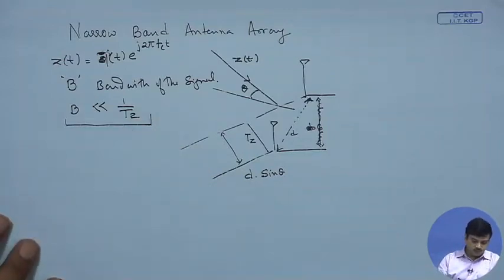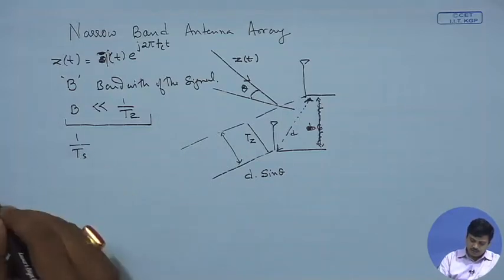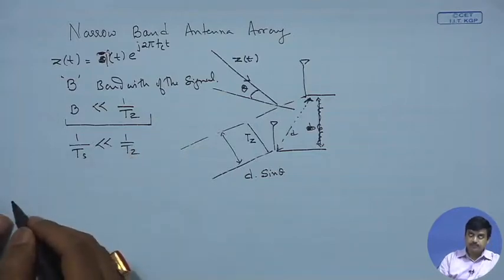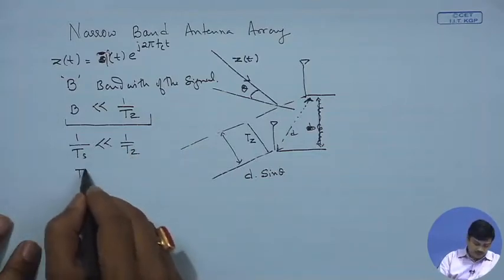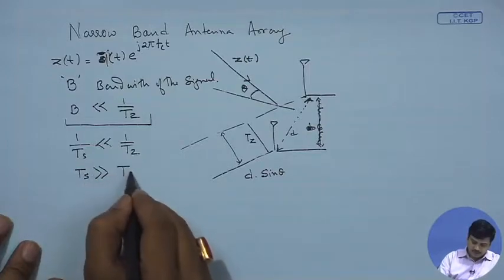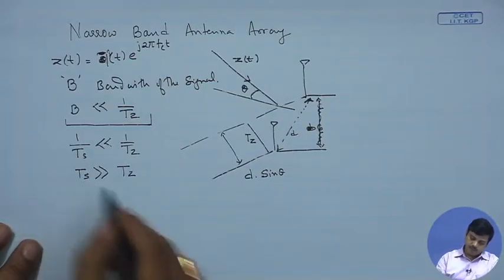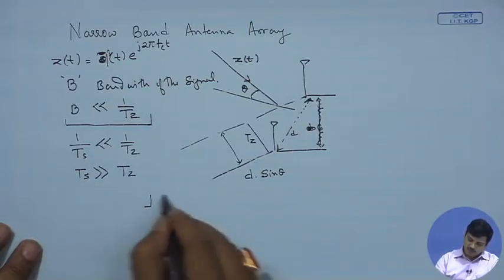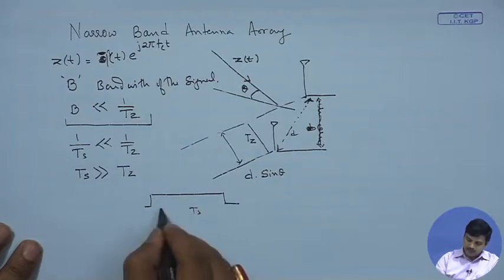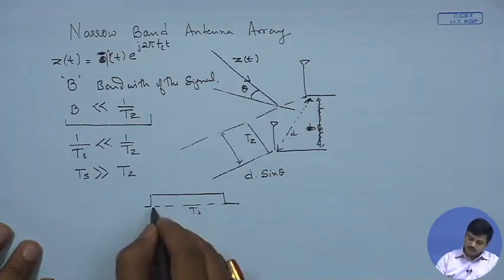So, if you go by this, b is approximately 1 by Ts, which is much less than 1 by Tz. That would mean that Ts is much greater than Tz. What would this mean? If I draw the symbol duration Ts, that is the symbol duration corresponding to the bandwidth of the signal, it is much larger than Tz.